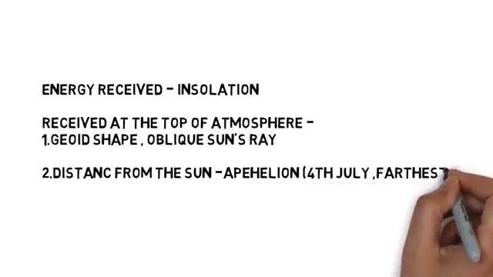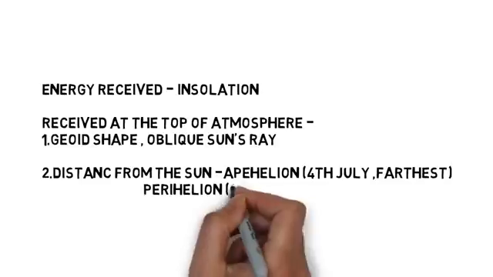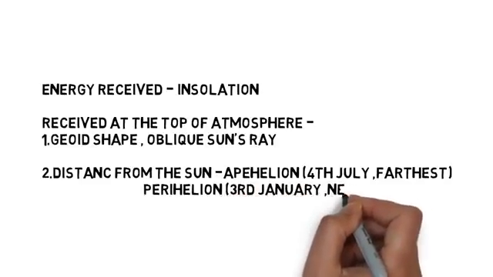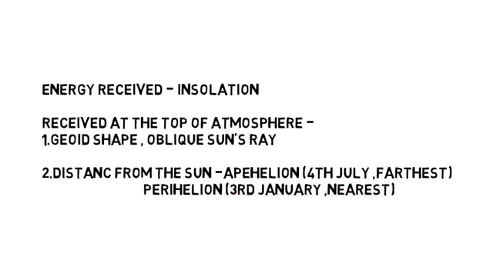First, because of the spherical shape of the Earth, the sun's rays fall obliquely on the atmosphere and a very small portion of the sun's energy is received by the atmosphere. Second factor is the distance from the sun. We know that Earth revolves around the sun in an elliptical orbit, which means that at one point Earth is farthest from the sun and at one point Earth is nearest to the sun.